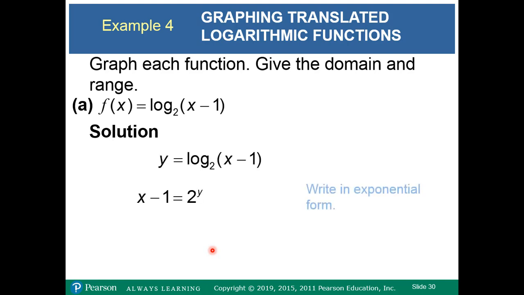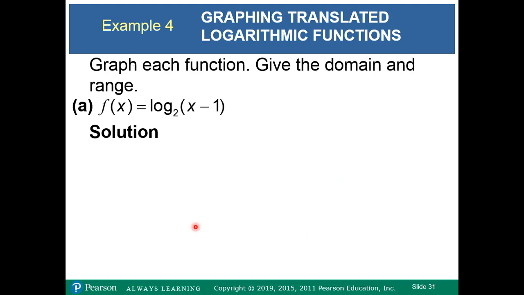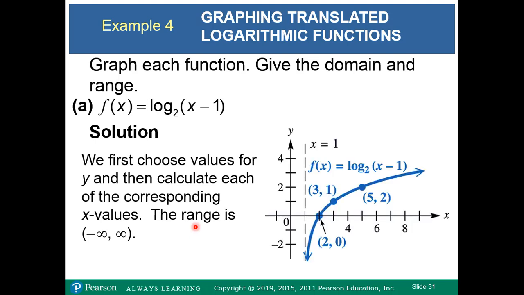So here we go. Here's the expression. We wrote it in exponential form. So basically we're going to plug in y and find the corresponding values. We first choose the values of y and then calculate each of the corresponding values of x.